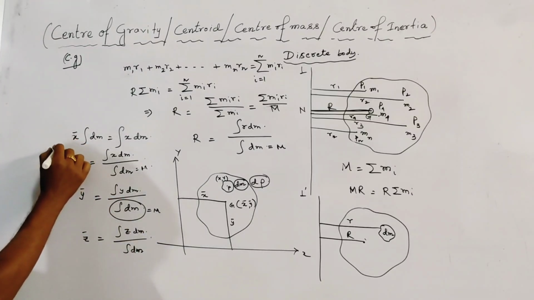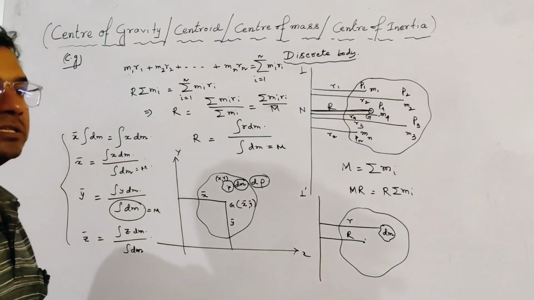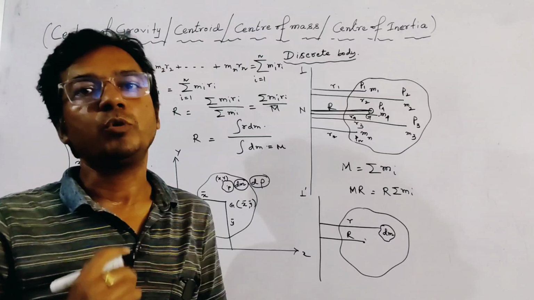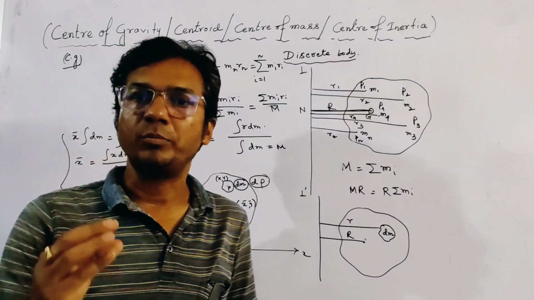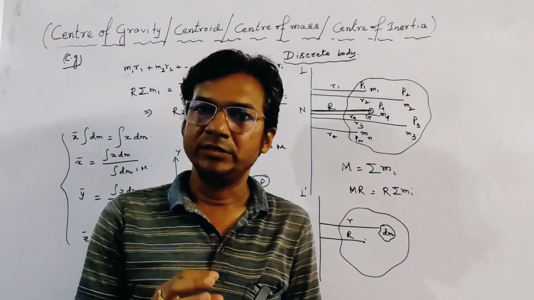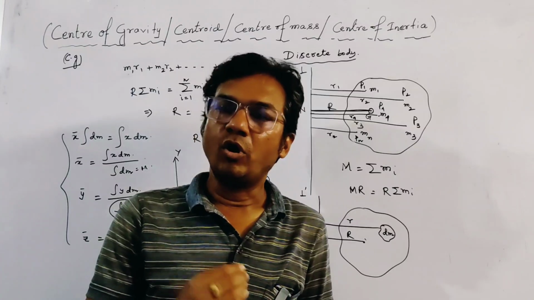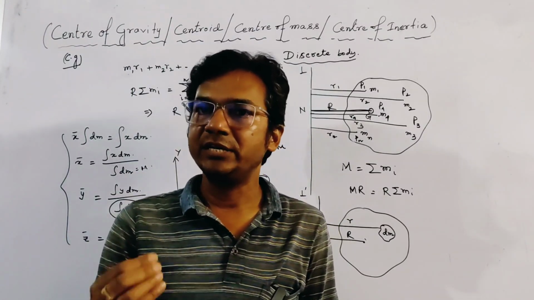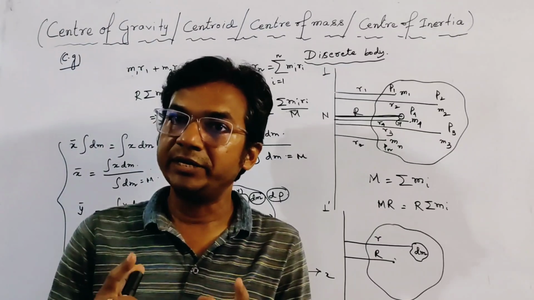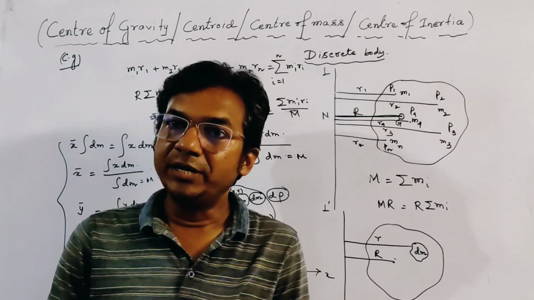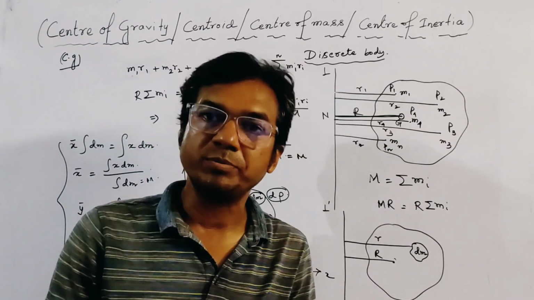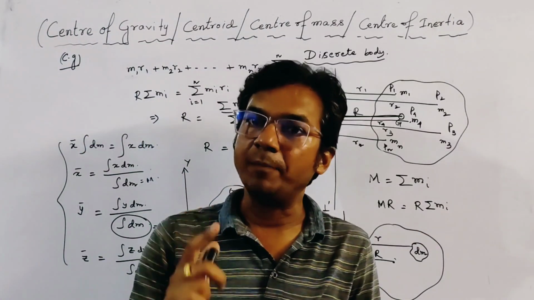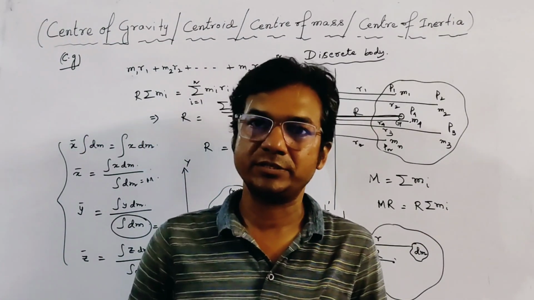These are the formulas to find the center of gravity of a body, whether it is a discrete body, a continuous body in 2 dimensions, or in 3 dimensions. Now we deduce the coordinates of center of gravity of different types of bodies in upcoming classes of this playlist.